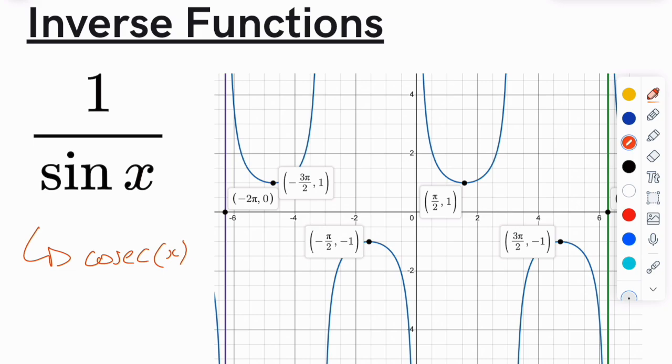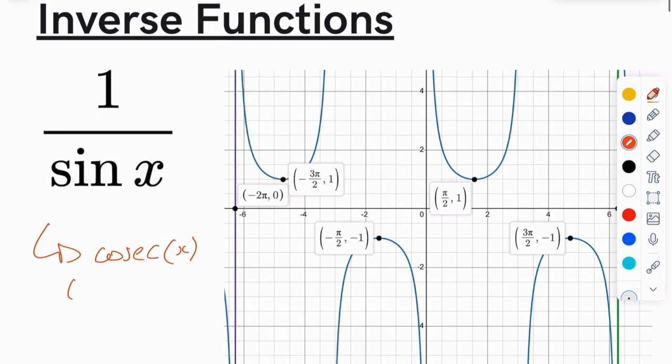cosec of x. Now, again, this is all theory, so it's not really as necessary to know all the specific points and details. The key thing you need to know from a practical standpoint is that just like sine of x, the period here is going to equal 2 pi, meaning that it repeats itself every 2 pi iterations.